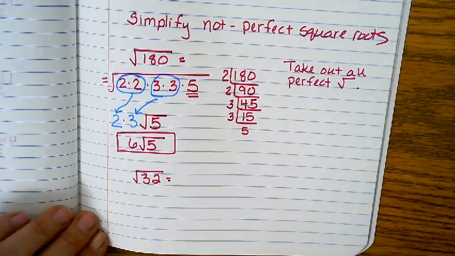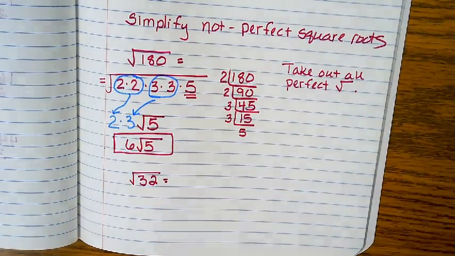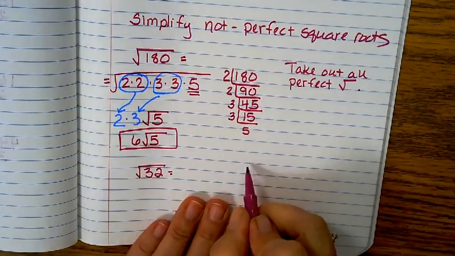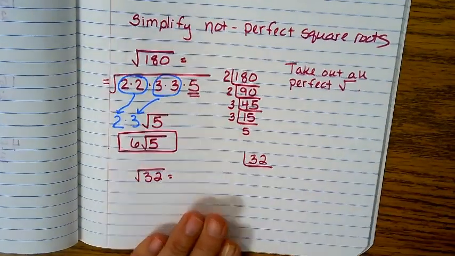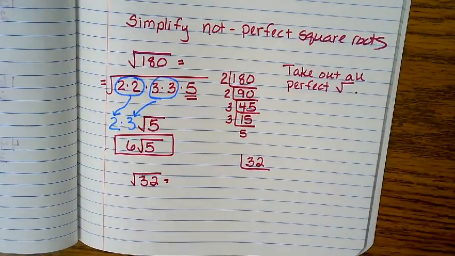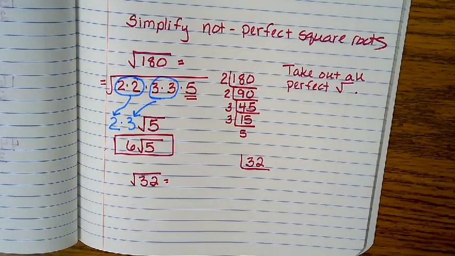So go ahead and prime factor it. Use 2 until you can't use 2 anymore, and then try something else.